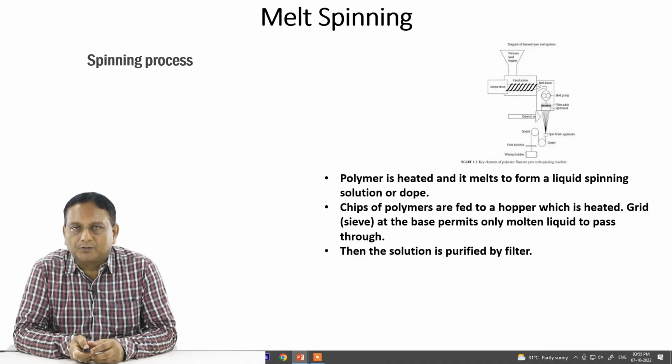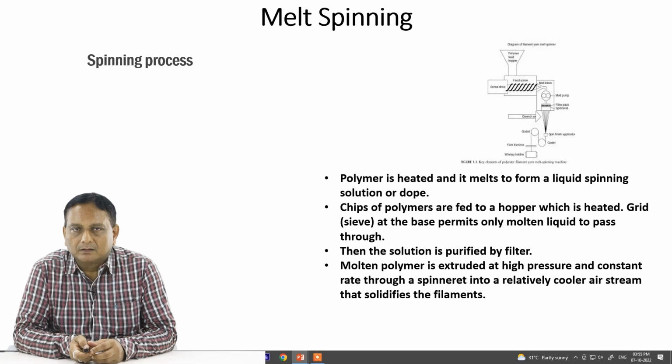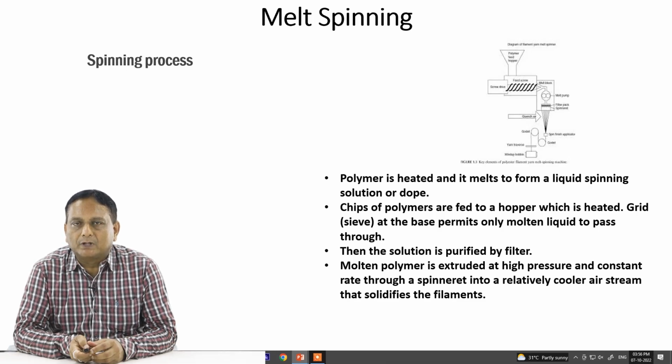Then the solution is purified by the filter, and the molten polymer is extruded at high pressure and constant rate through a spinneret into a relatively cooler air stream, and because of that cooler air stream it solidifies the filaments.